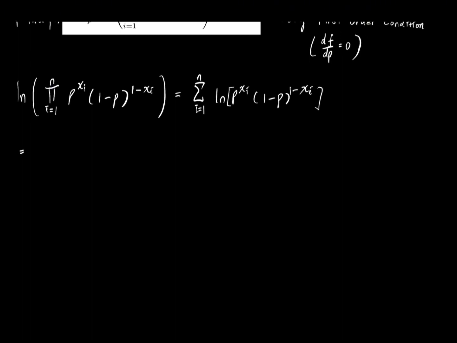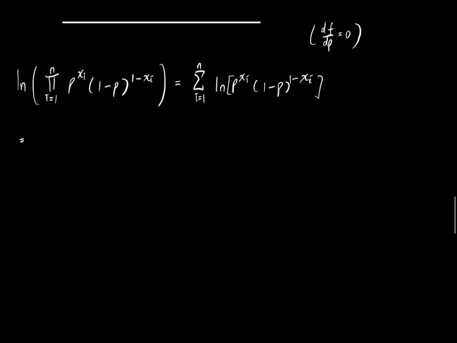So that equals to, now let's further expand this. What I want to do here is distribute the sigma. Remember, the sigma operator is linear, so we operate it just like a linear operator.